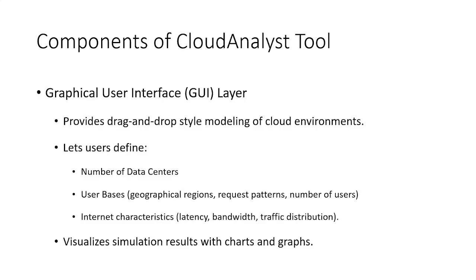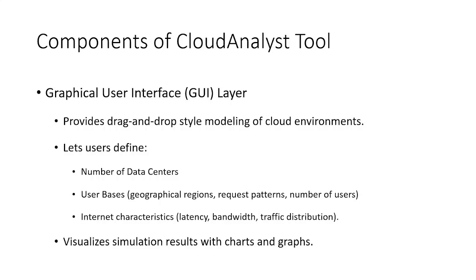In the graphical user interface layer, we provide drag and drop style modeling of cloud environments. The user defines the number of data centers and how many users. The user bases depend upon geographical regions; there are six regions, each with its request pattern and number of users per user base.